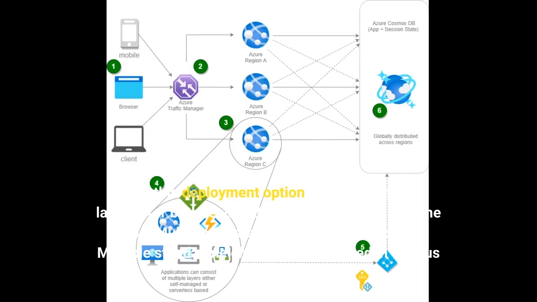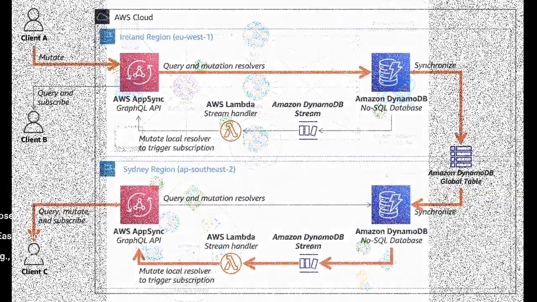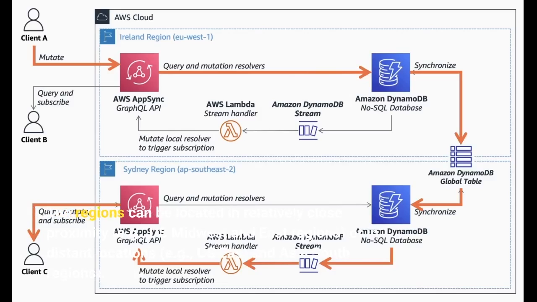Multiple clusters with async replication. Multiple standalone clusters are deployed in various regions. The regions can be located in relatively close proximity, e.g., US Midwest and East regions, or in distant locations, e.g., US East and Asia South regions.